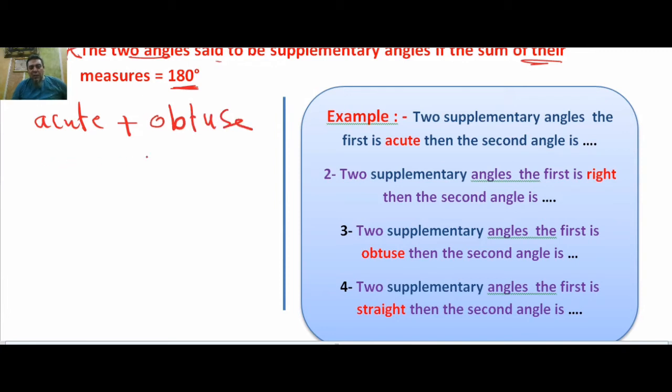If the first is obtuse, the second is acute. If the first is a right angle, the second is also a right angle.